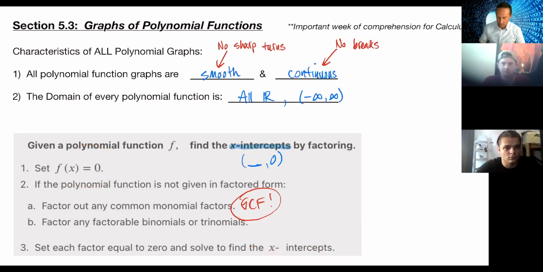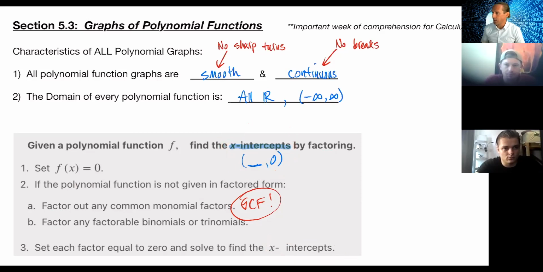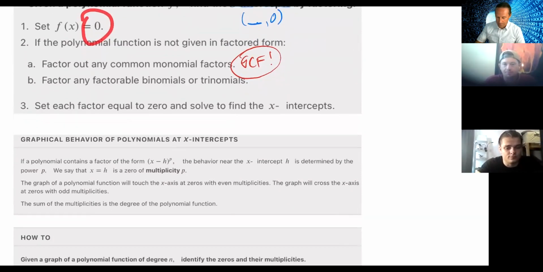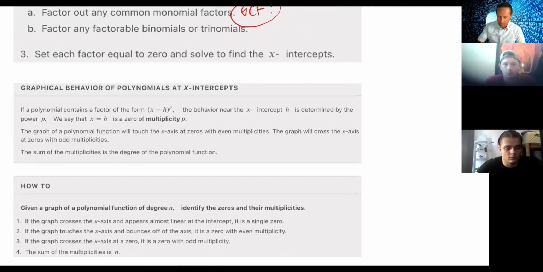And by doing that, we will have then found our zeros, they call them sometimes, or our x-intercepts. Why do they call them zeros? Pretty obvious.